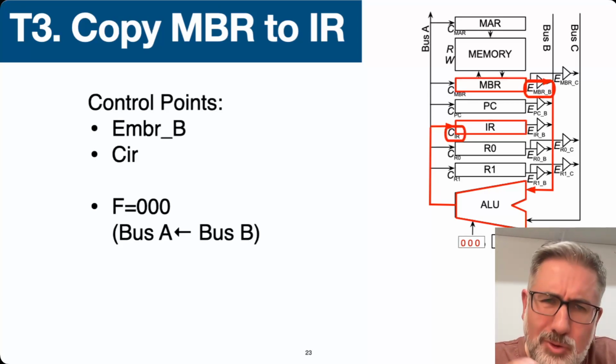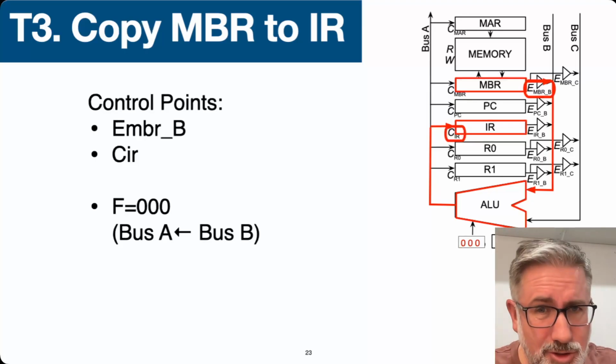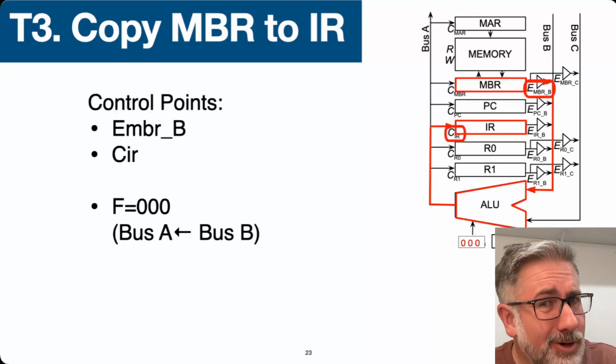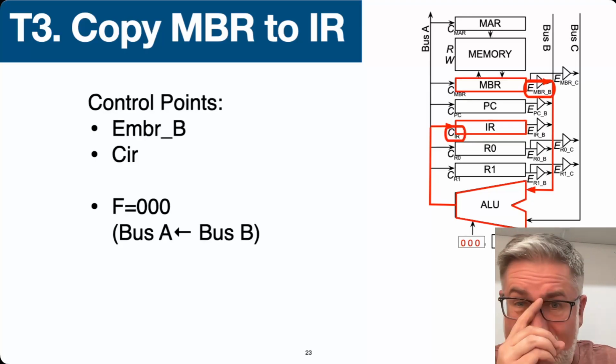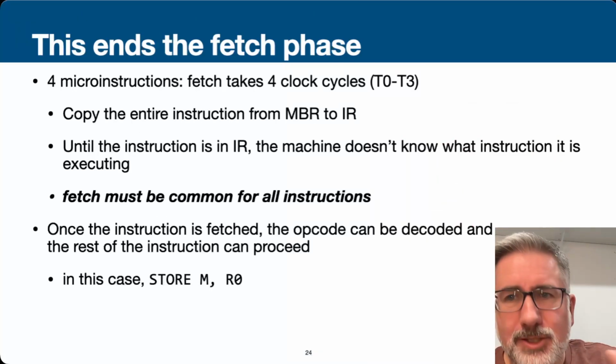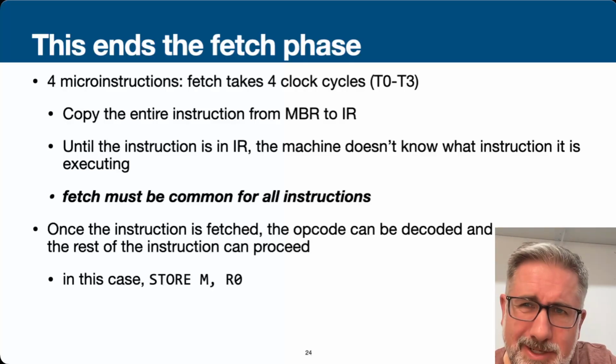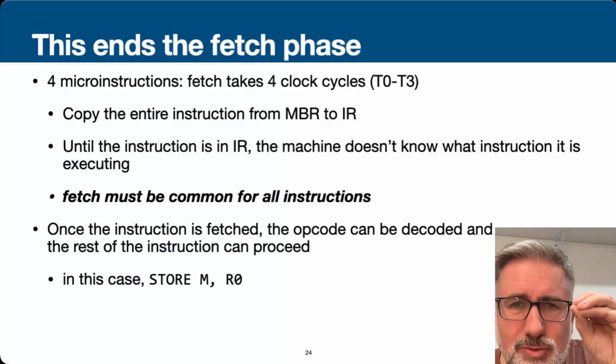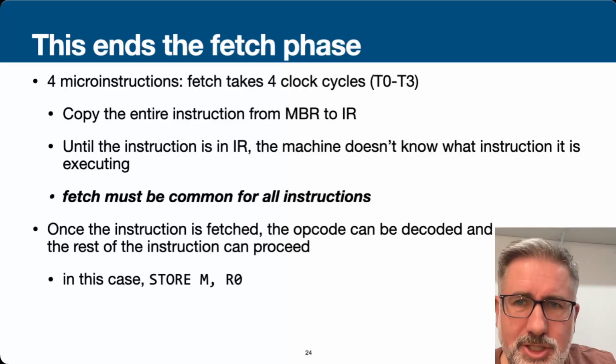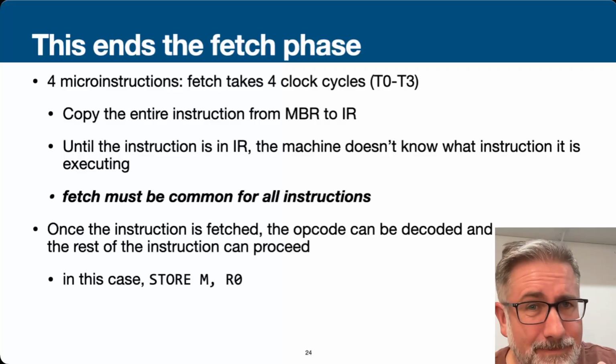The conceptual processing that we're trying to get accomplished by putting these instructions in order and doing things. What the hardware should do to make that happen is the micro instruction. So there are 4 micro instructions, and again, we could probably optimize this a bit, that allows us to get the instruction into the instruction register. And again, it's got to be common.